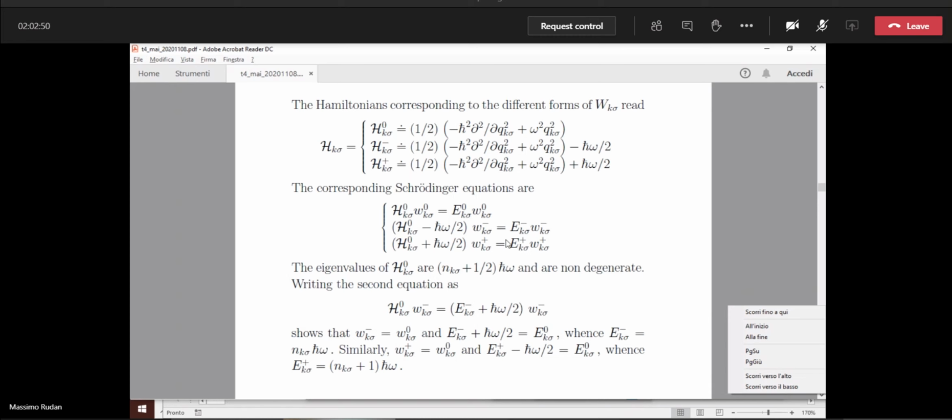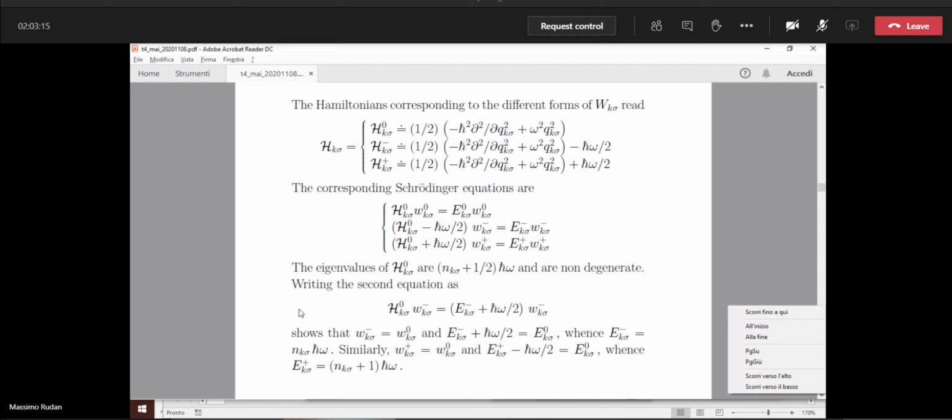If we repeat the same analysis for the third case, we have again that W plus must be equal to W0, and that the eigenvalue with the minus is equal to E0. So the eigenvalue E plus is equal to n plus 1 h bar omega.